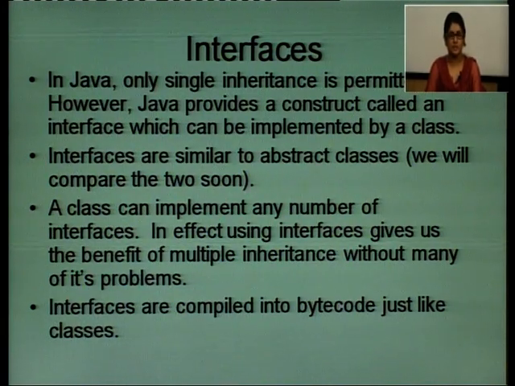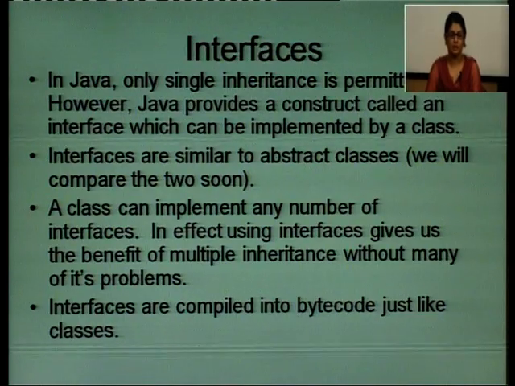A class can implement any number of interfaces. In effect, using interfaces gives us the benefit of multiple inheritance without many of its problems. As I told you earlier, Java allows only one class to be inherited at a time, but there is no restriction on the number of interfaces a class can implement.